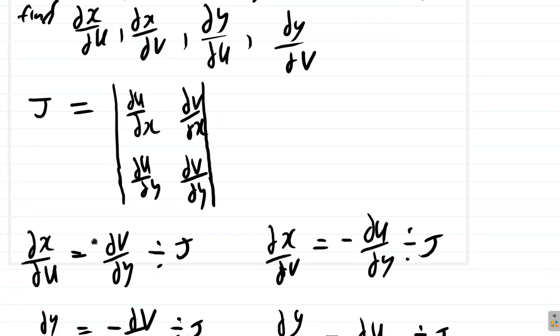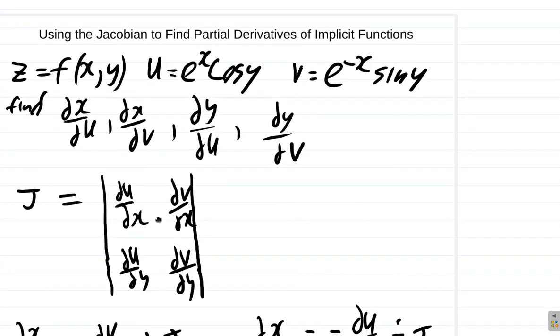We want ∂u/∂x, as we have here. You see the ∂u/∂x here. We need this. We need ∂v/∂x. We need ∂u/∂y, ∂v/∂y.